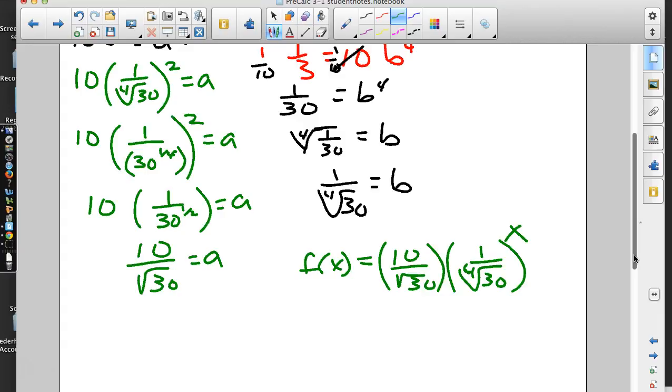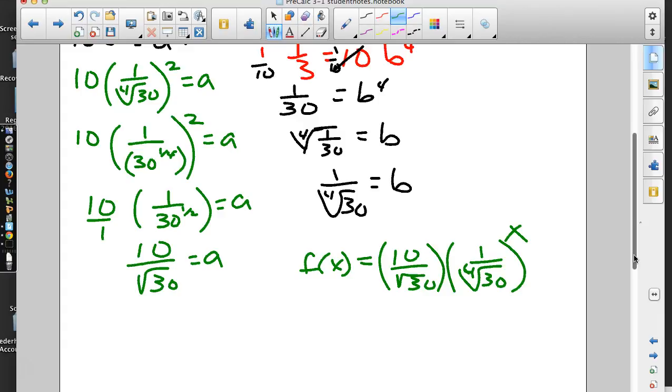So how did you distribute that? Oh, we can't, because this is now a power, because it has an x as a power, and this is just a number. Oh, top times top, bottom times bottom x. Do I just slap a 1 underneath that? Then I can get that.